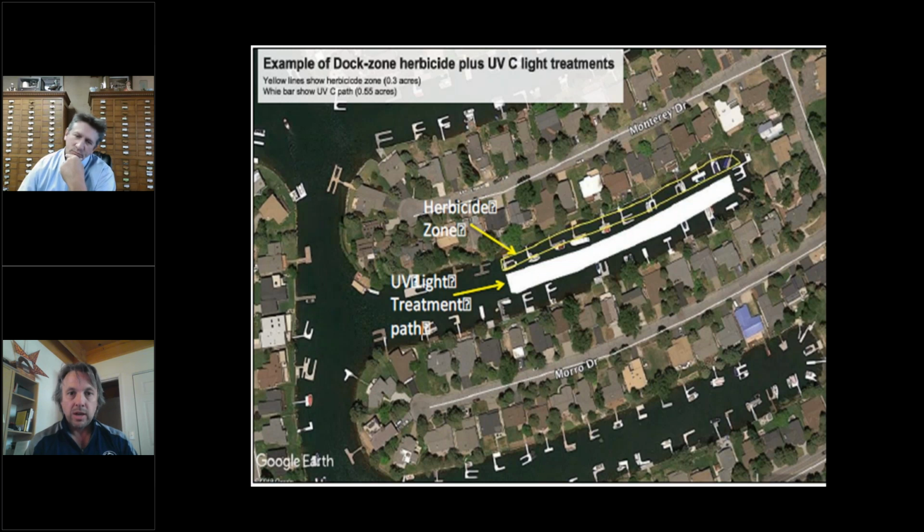The environmental document just finished its public comment period for the draft environmental document, draft EIR, and we're looking to have those certified early next year with potential treatment with UV light and potentially others like herbicides happening in the spring of 2021, early in the season.